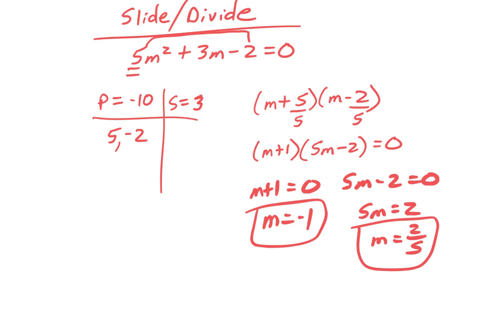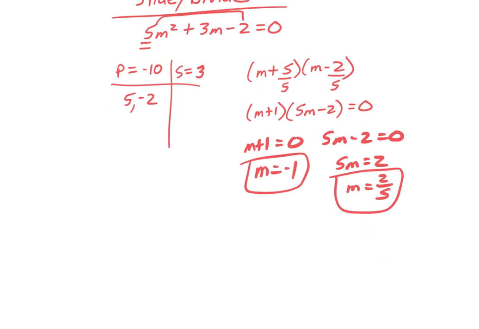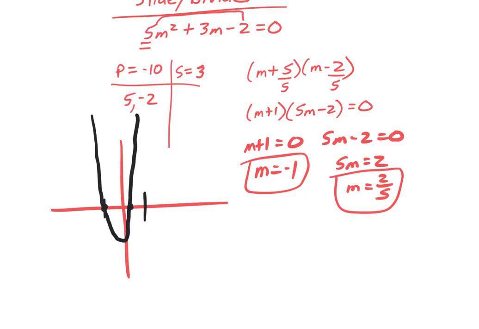The other thing I wanted to point out here, and I want to keep coming back to this, 2/5 is the same as like 0.4, so it's between 0 and 1. Negative 1 is on the x-axis. If I were to graph this, your graph is going to look something similar to this.